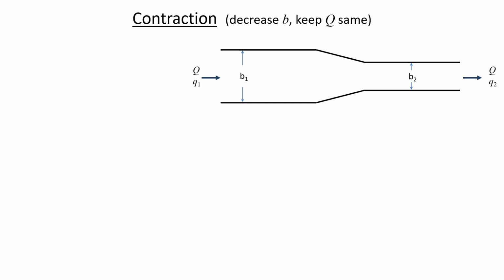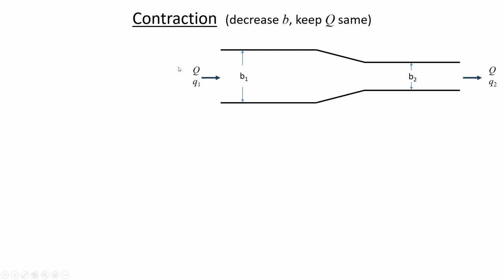All right. There can be a step up, or a channel can get narrower. And so let's consider that. Big Q has units of volume per time, like cubic meters per second or cubic feet per second.